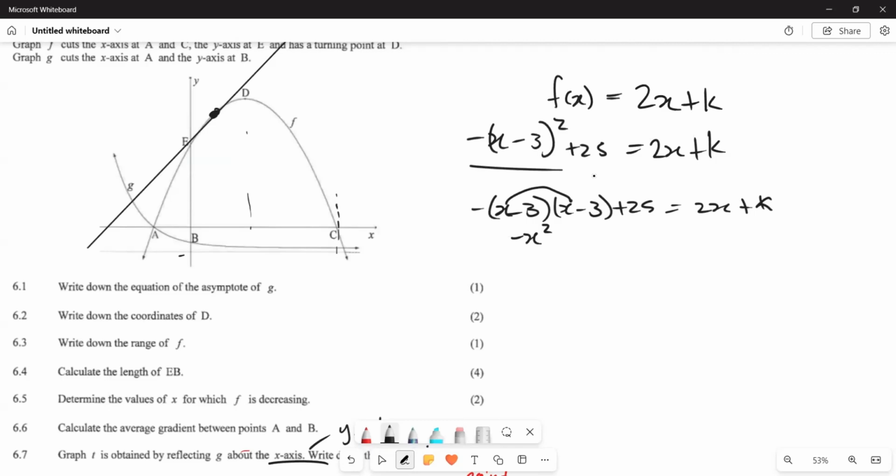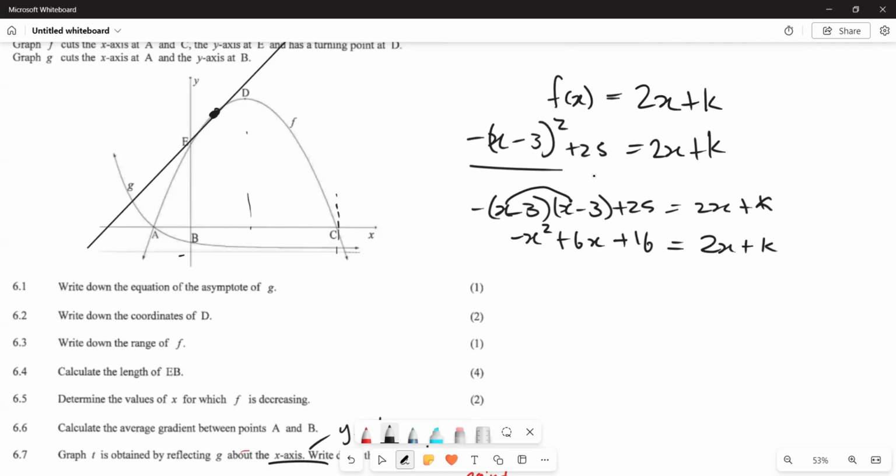This gives you negative 3, and negative 3 multiplied by this is going to be positive. Similarly, it's going to be 6x here, and then plus 16, because 9 and 25 gives you 16. So this is basically going to be 16, and 2x plus k.